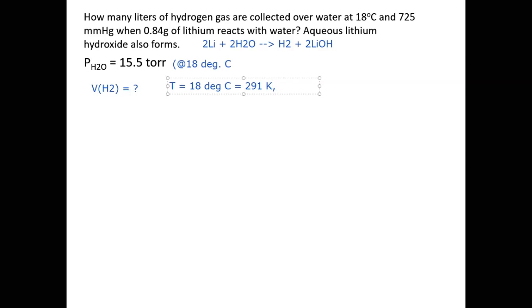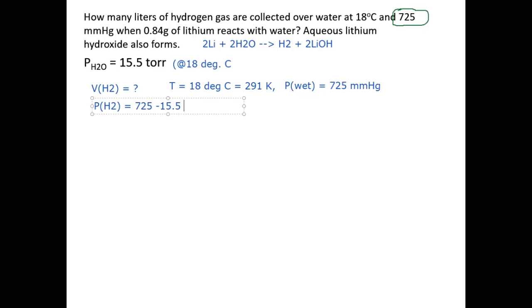But by the way, this pressure is the pressure of the wet gas, because remember, it was collected over water. So to get the pressure of H2, we have to subtract the vapor pressure of water from the pressure of the wet gas.